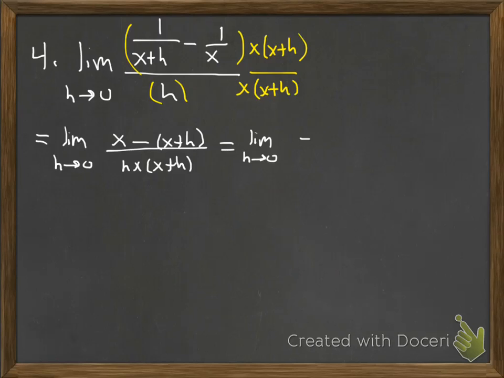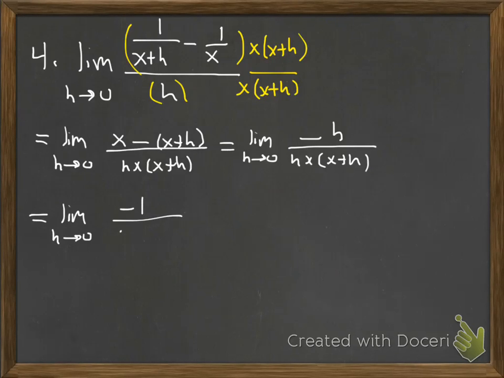And the x's will go ahead and cancel, and we'll have minus h over hx, x plus h in parentheses. Go ahead and divide out those h's, and we have negative 1 over x plus h. And happy times, we can go ahead and plug in 0 for h. Not a problem anymore.